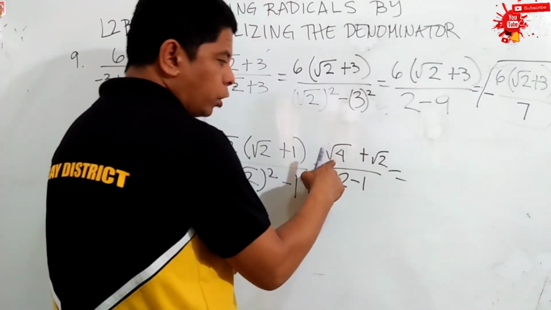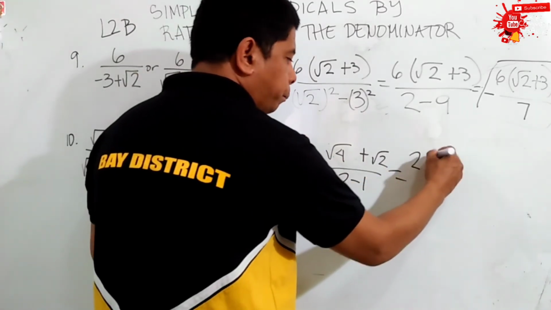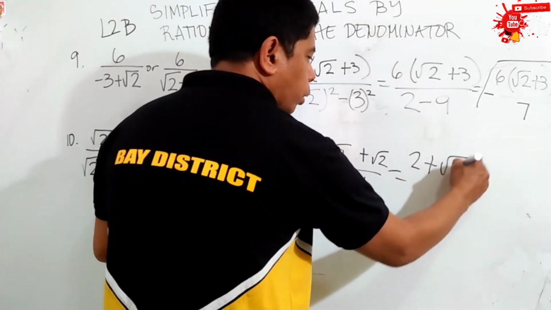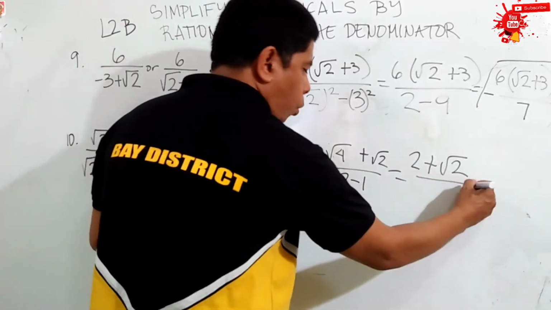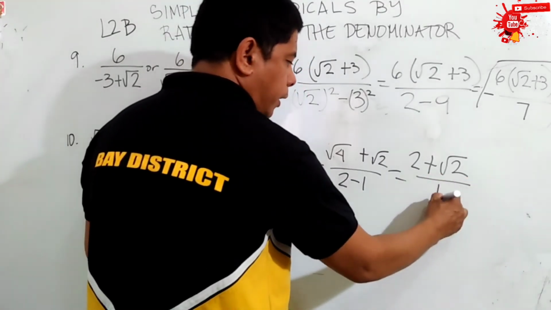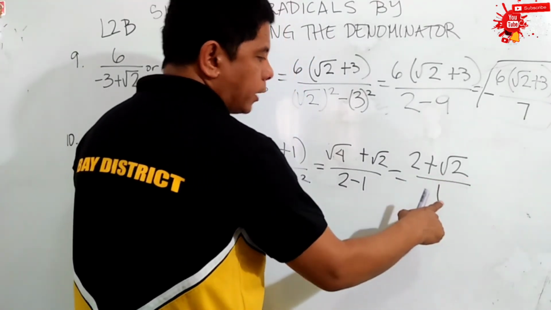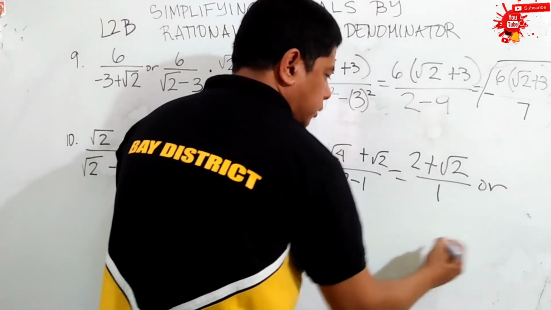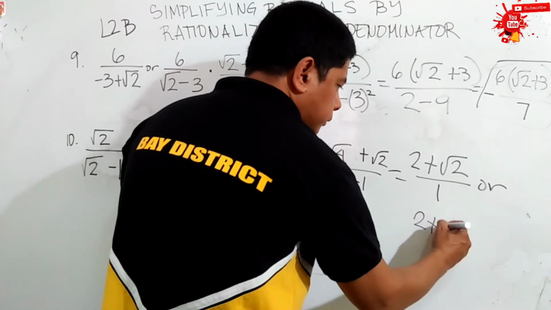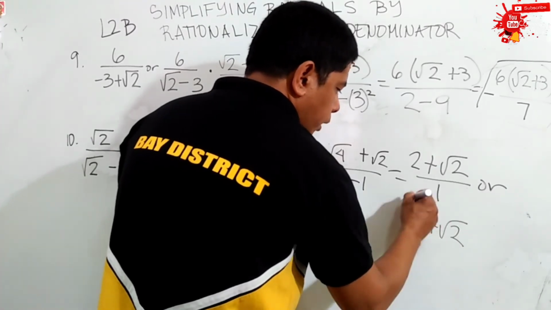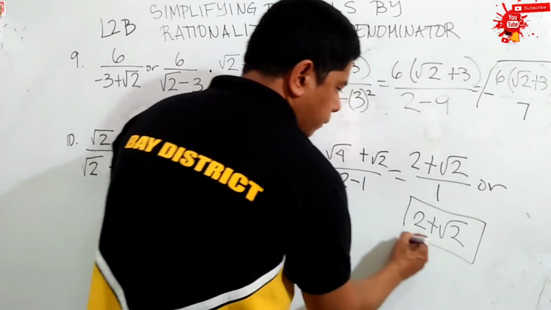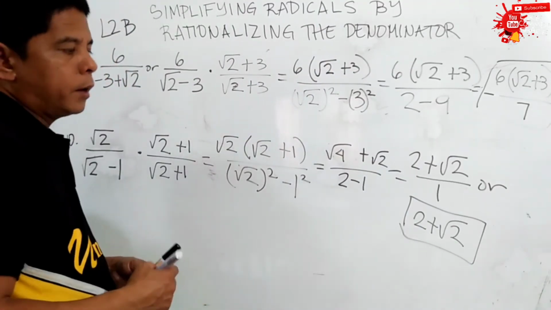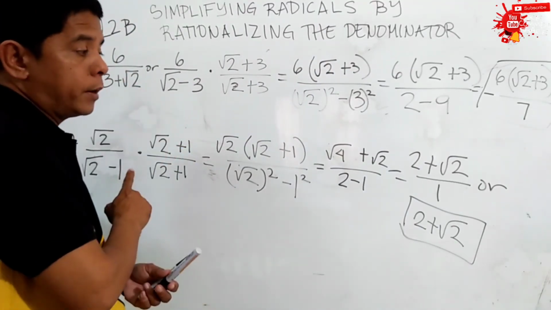Then, continue. So, ano ang square root ng 4? 2 plus the square root of 2, copyin lang natin, over 2 minus 1 is 1. Denominator ay 1, tanggalin na po natin. So, that is equal sa 2 plus the square root of 2. Ito po yung sagot natin for last number, which is number 10.